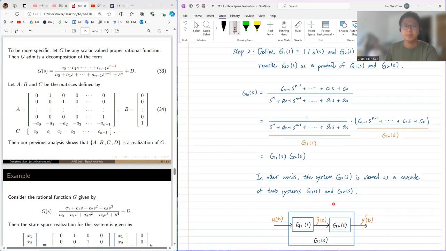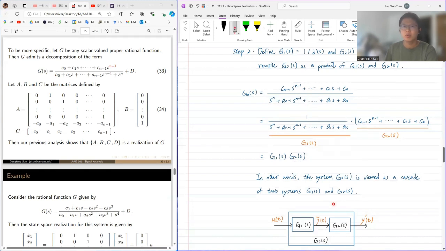Step 2. To find the matrices A, B, and C, we define the functions G1(s) as 1 over D'(s), and G2(s) as N'(s), and rewrite G0(s) as a product of G1(s) and G2(s).